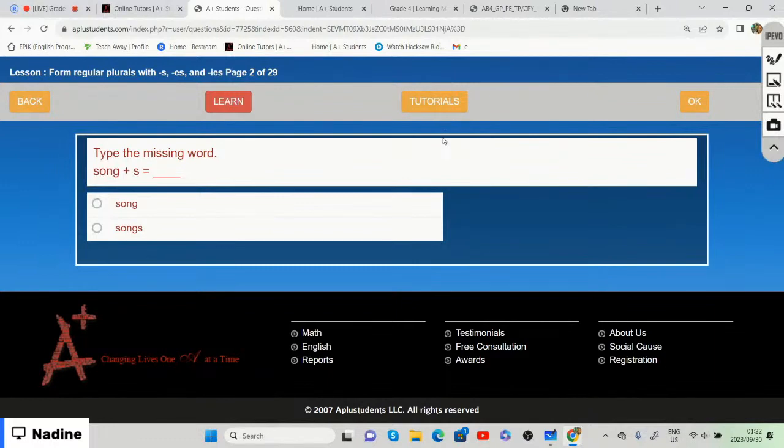Is it going to be song or is it going to be songs? So we will then say songs. So song plus s, it is songs.